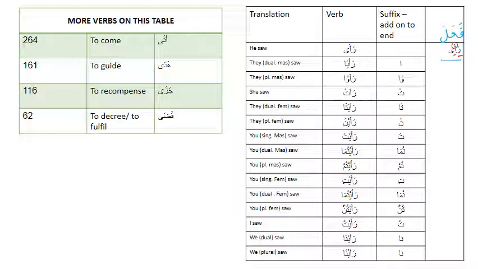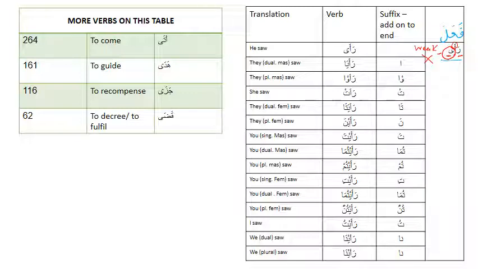As you can see, it is a hamza. And the lam letter is a ya. In this case, sometimes this ya, because ya is a weak letter, sometimes it is cut off. I know it sounds a bit strange, but that's how it is.